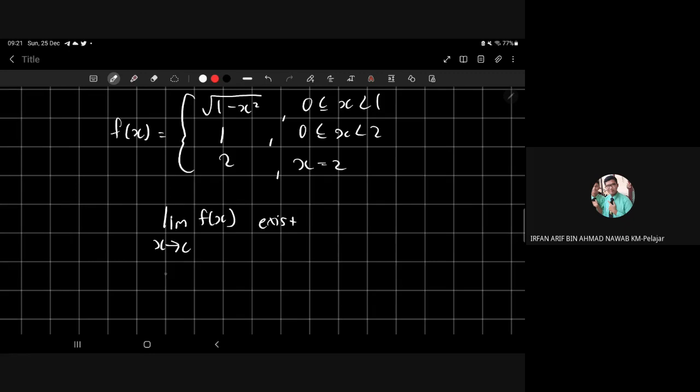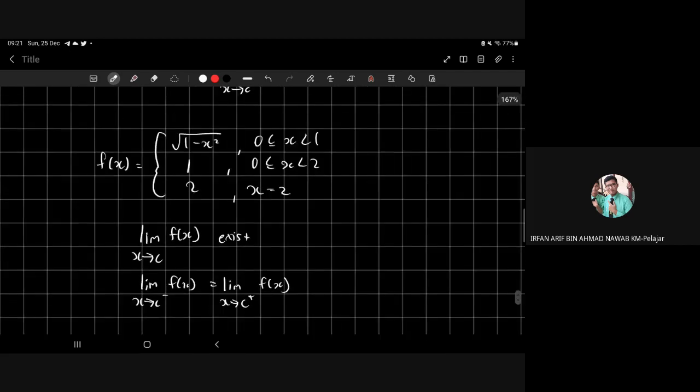We have to know whether the left side and the right hand side are equal. If they are equal, then the overall limit exists. So based on this function, they want us to find the domain or inequality of c where the limit as x approaches a particular value c of f of x exists. That is the question.